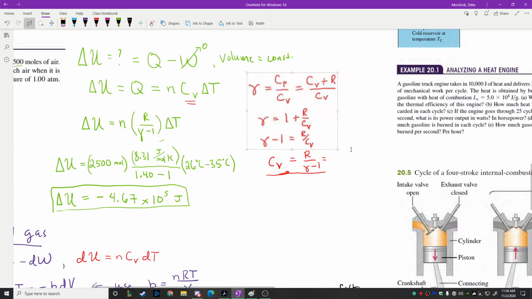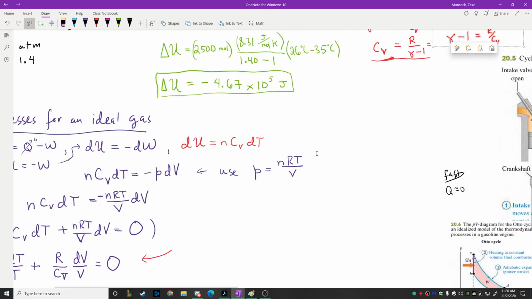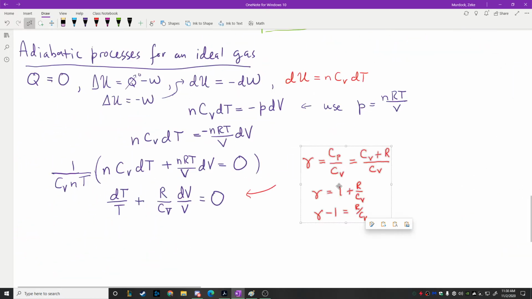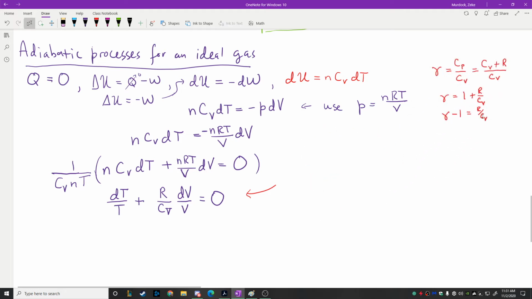So I'm going to copy this down so we can have it on the side of this derivation. Yeah, so we had proved that gamma minus 1 was equal to R over CV. So let's replace that in this too. This would then become dT over T plus gamma minus 1 times dV over V. So now we've got this nice relationship. It's all equal to 0.